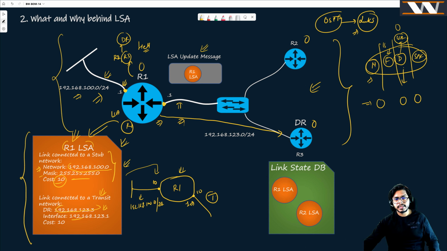But here, we are sending this information, the R1 LSA, towards the DR because we know who our DR is.